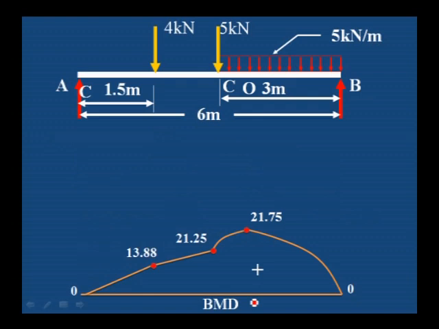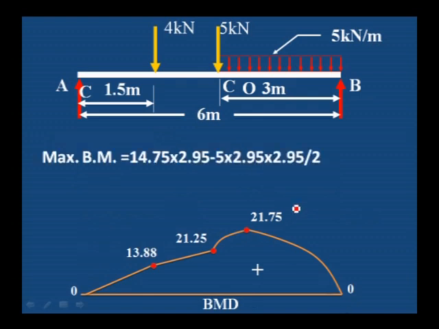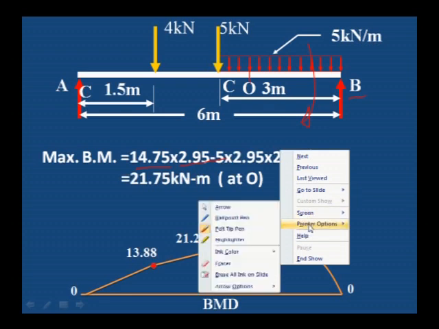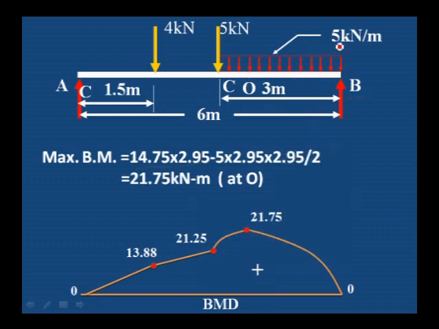We have the x value, so we can calculate the bending moment at O. The O point is at a distance of 2.95 from B. 14.75 is the RB value into the distance x, 2.95. We are taking the moment up to the O point, that is 2.95 distance, minus, this is a clockwise moment due to the uniformly distributed load, minus 5 into the distance 2.95.